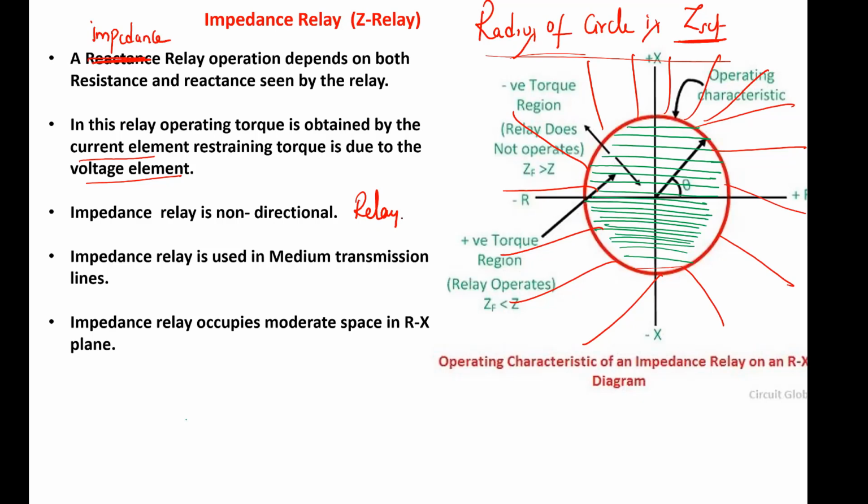Impedance relays are mainly used in medium transmission line protection. Very important. So the impedance relay will occupy moderate space, medium space in the RX plane. Understand?